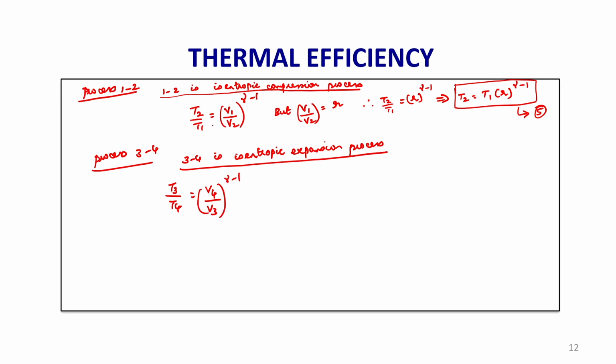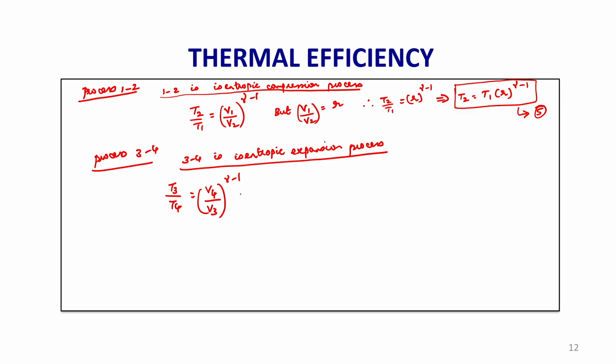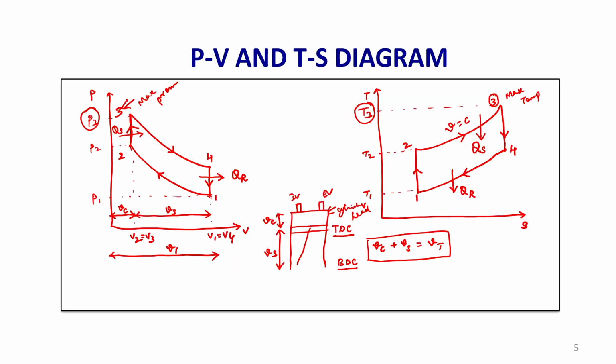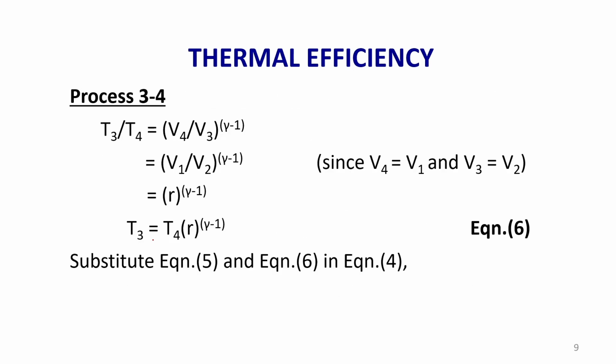In both these thermodynamic equations I have written the relation between temperature and volume, because I know the volume ratio V1 by V2 is the compression ratio. V1 is the total volume, V2 is the clearance volume. So, now T3 by T4 is equal to V4 by V3. Have a look at the pressure volume diagram. What is V4? V4 is V1, and V3 is V2. So, that I am going to substitute here.